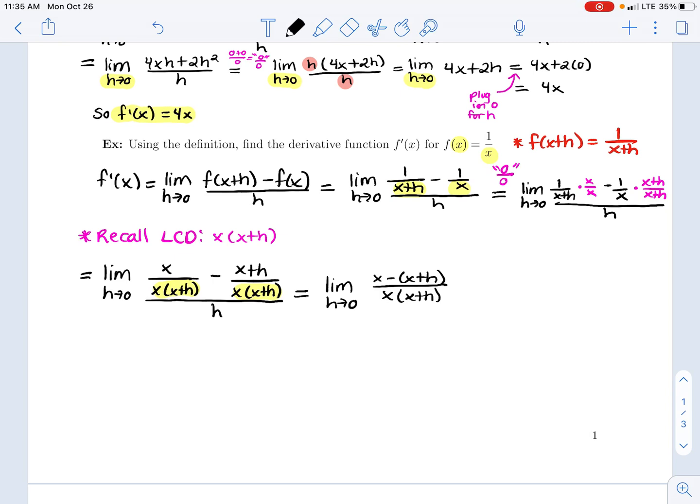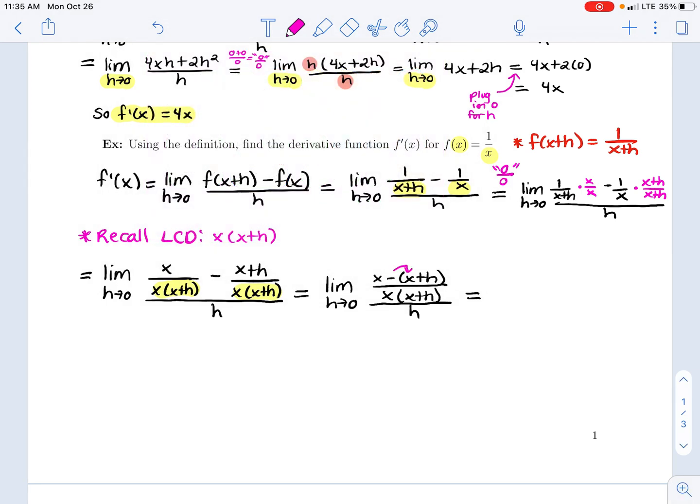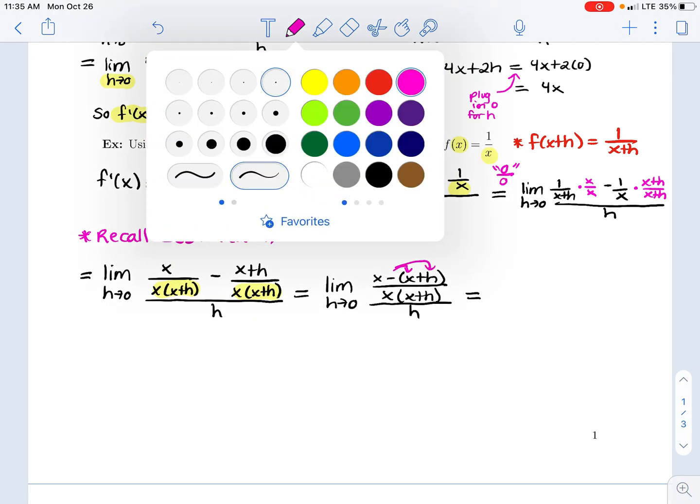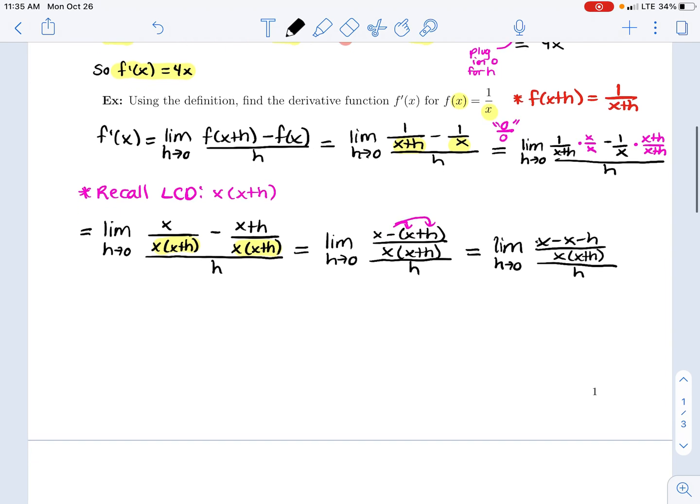So if you forget the parentheses around the x plus h, you will get the wrong answer, because you'll have x minus x plus h instead of x minus h, all right? And so you want to make sure that you have parentheses around there. Okay, and so now when I distribute this minus, I get that this is the limit as h approaches 0 of x minus h all over x times x plus h, and then this is all over h.